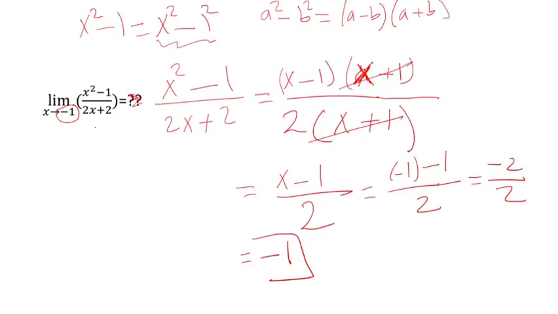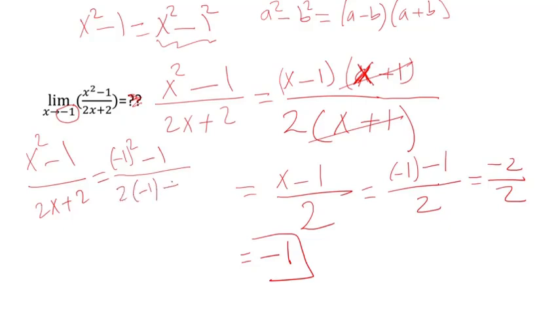If I went back and just plugged in the number, let's see what we get. Instead of going through this process and taking advantage of this identity, I go back and put in negative 1 instead of x.